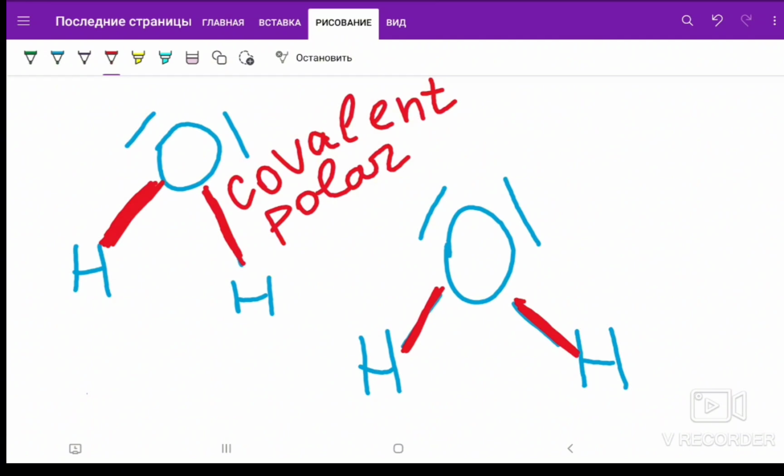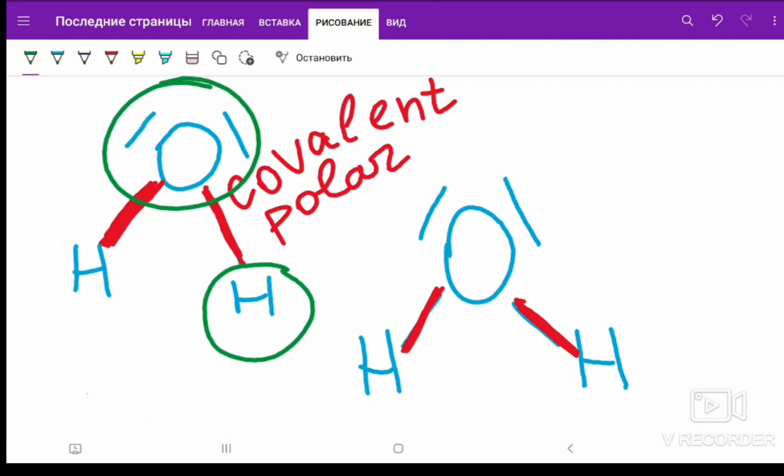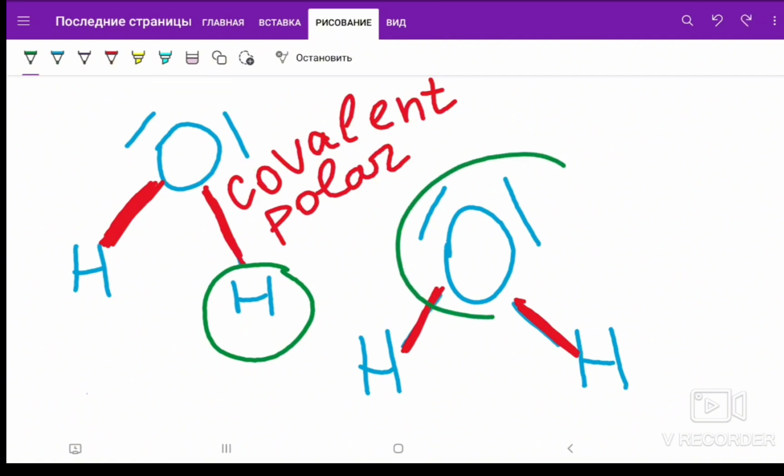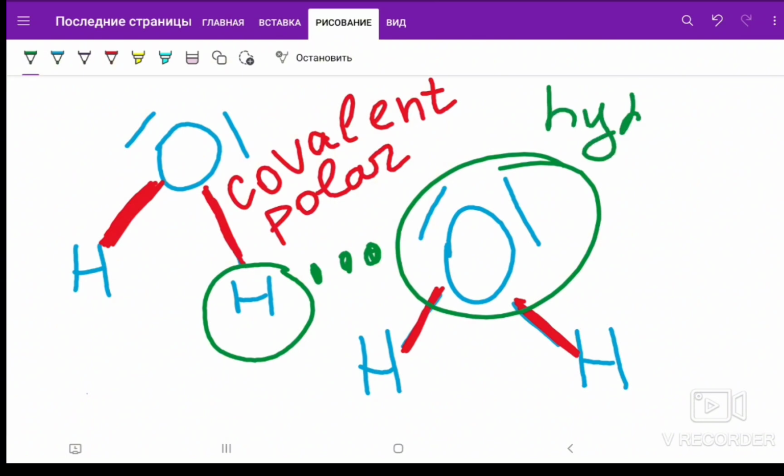intramolecular force. But if we take two different molecules, so this hydrogen and this oxygen, but from the other molecule, I mean this one, between these two atoms, there will be hydrogen bonding. The green ones will be hydrogen.